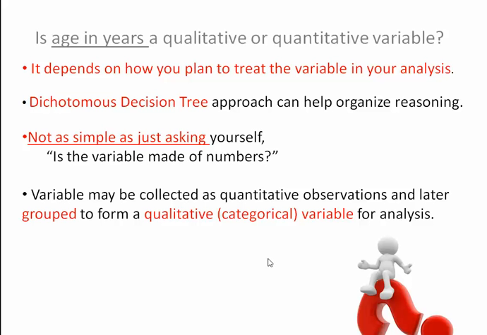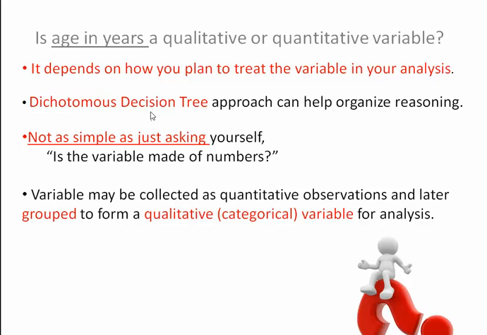So just to summarize, is age in years a qualitative or a quantitative variable? It depends, and it depends on how you plan to treat the variable in your analysis. That's something that you want to look at typically in the results section or in the methods section of a paper, or something to think about prior to actually beginning your study. How will you plan to analyze that information?